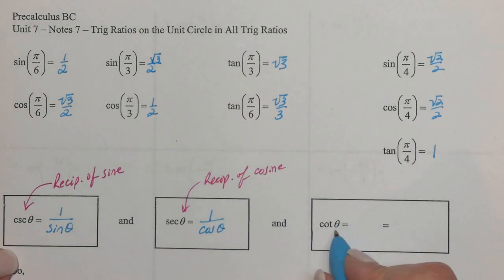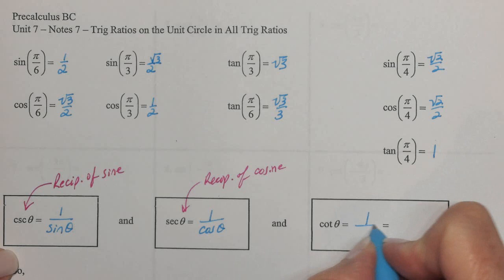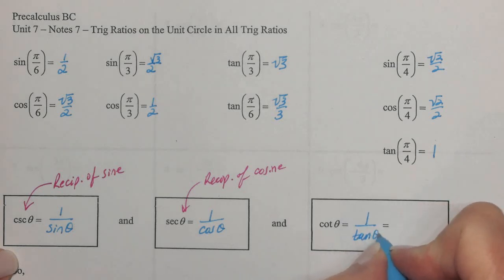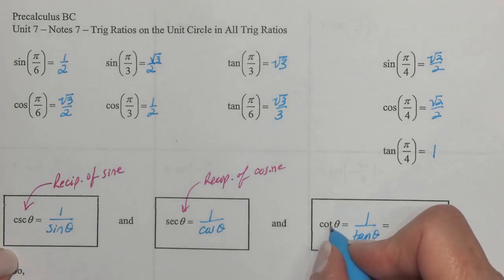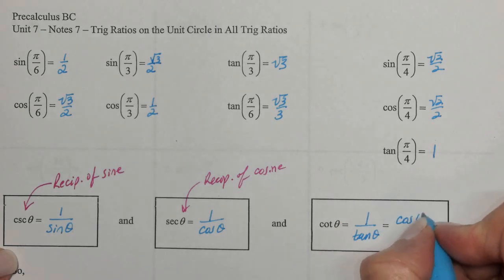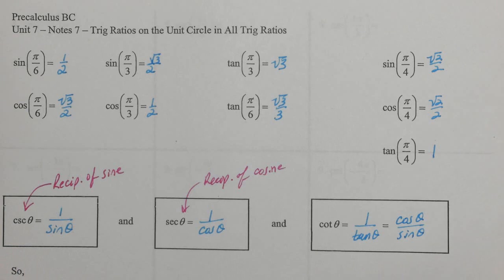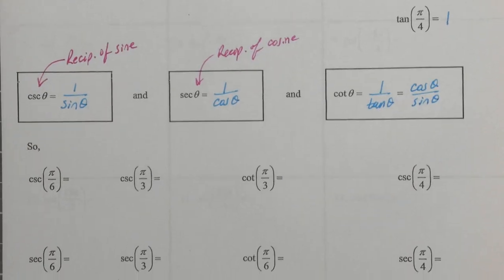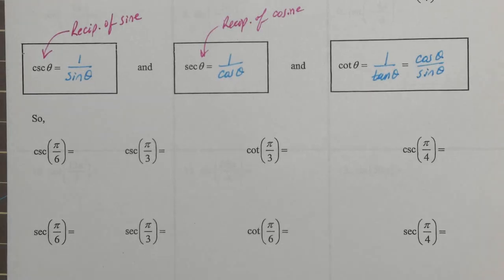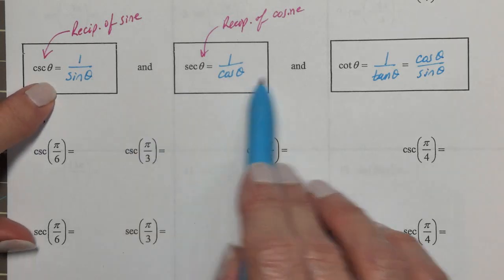And cotangent of theta is the reciprocal of tangent of theta. Since tangent of theta is sine over cosine, cotangent of theta will be cosine over sine. Okay? So when we are finding some values of these other 3 trig functions, it is convenient to remember these things, okay?